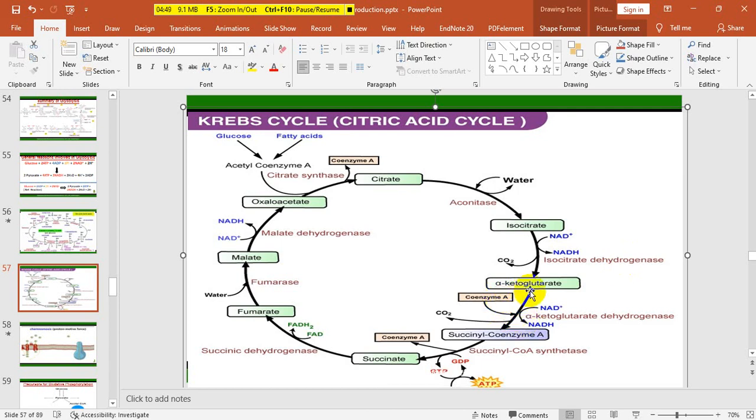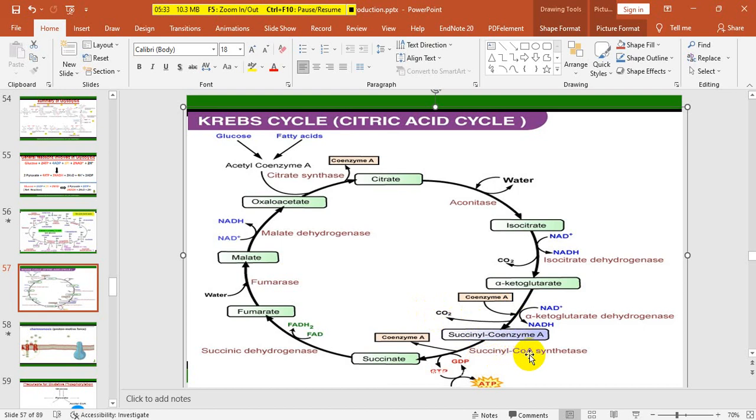Then we add coenzyme A to alpha ketoglutarate, and we further oxidize it, removing 2 protons and adding them to nicotinamide adenine dinucleotide to produce reduced nicotinamide adenine dinucleotide. This reaction is catalyzed by alpha ketoglutarate dehydrogenase. So this enzyme will move two hydrogens and add them to oxidized nicotinamide adenine dinucleotide to produce succinyl coenzyme A, because we added coenzyme A here, and we remove CO2 or carbon dioxide.